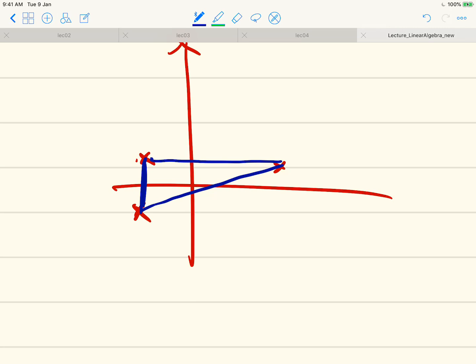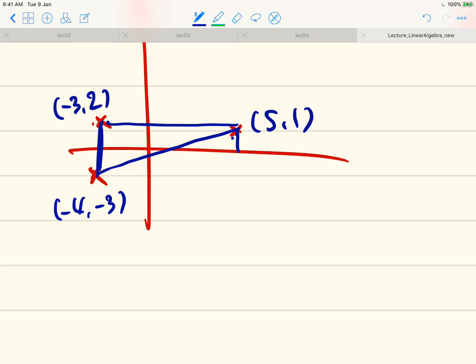Okay, so it is like 5, 1, and -3, 2, and -4, -3. And now let's think of the dimension reduction as choosing either the first or the second dimension. When choosing the first dimension, we get -3, 5, and -4.